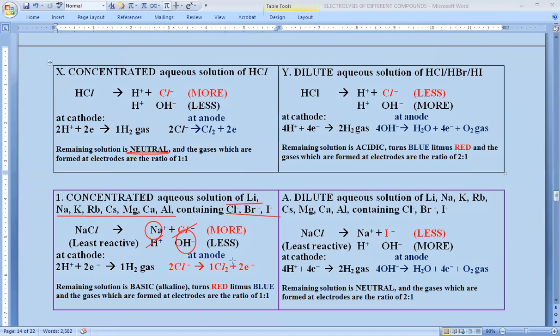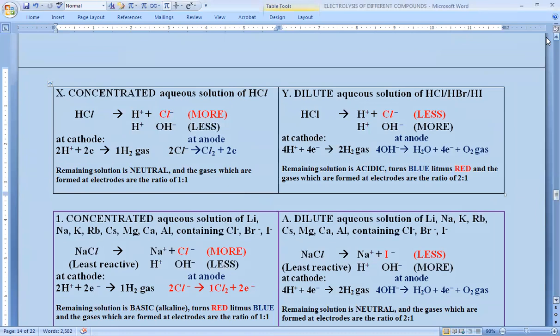So chlorine gas or bromine gas or iodine is formed in the gaseous state. This is the concentrated aqueous solution of an ionic compound and concentrated HCl, HBr, or HI.